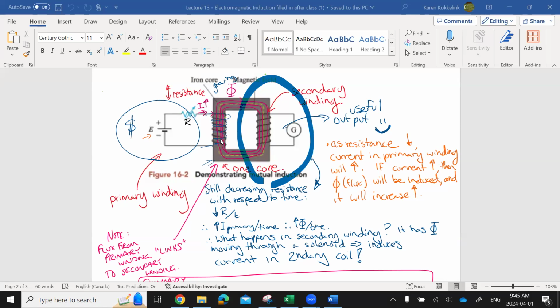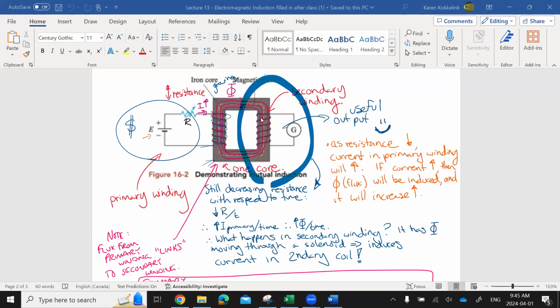I'm going to decrease this resistance, therefore increase the current. This current is changing. When there is a changing current around a ferromagnetic material, it induces magnetism inside the core of that material. Inducing magnetism means that there is a magnetic flux. That magnetic flux is a growing magnetic flux. If that magnetic flux is growing, it means it's changing.